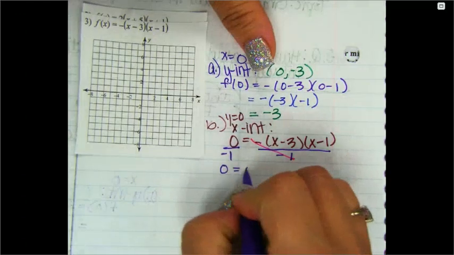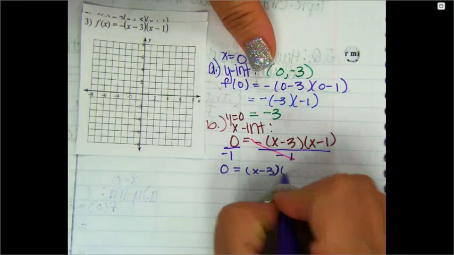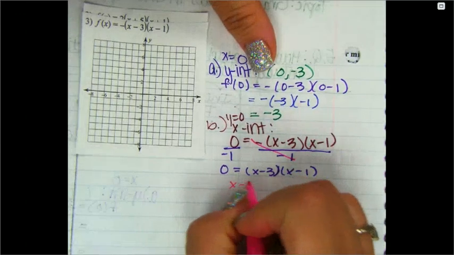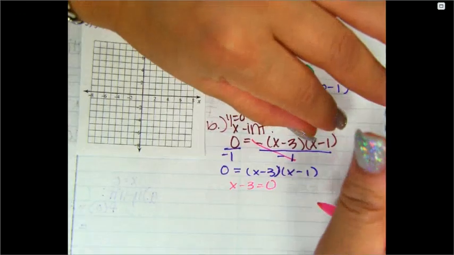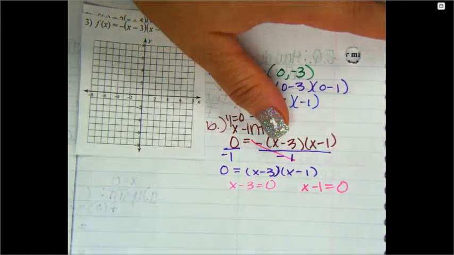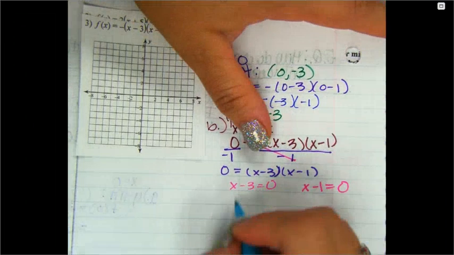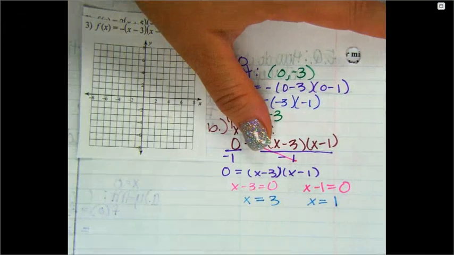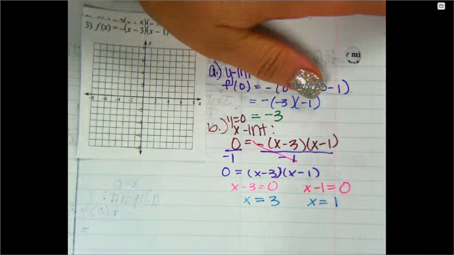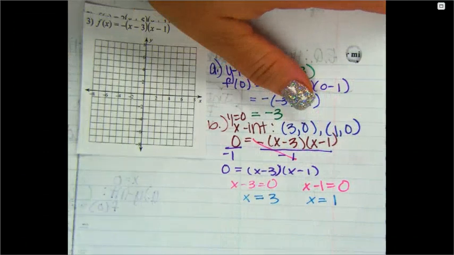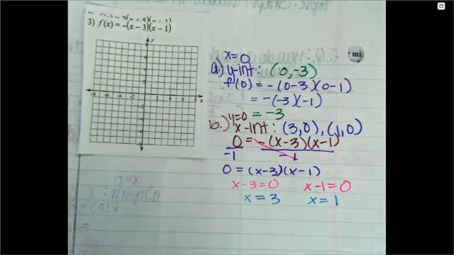So 0 equals x minus 3 and x minus 1. And then how many equations do you need? x minus 3 equals 0 and x minus 1 equals 0. So we get x equals what? Good. Ordered pairs are what? Who has this right?